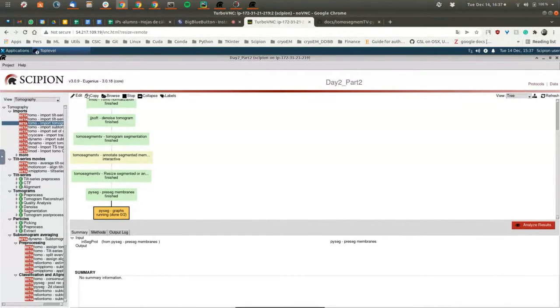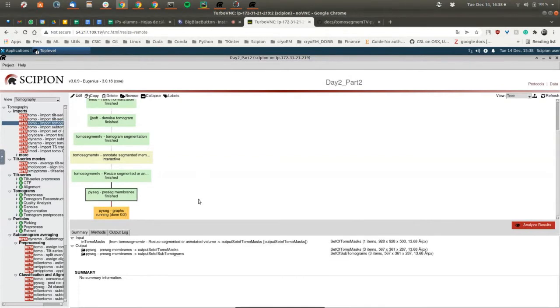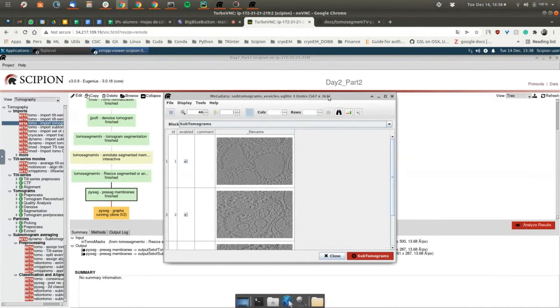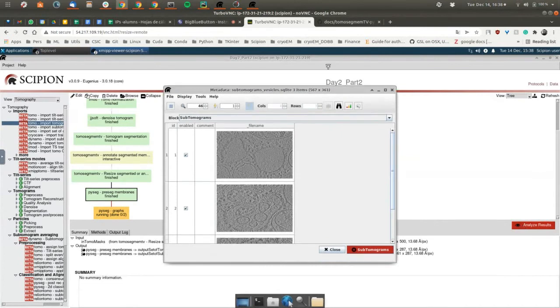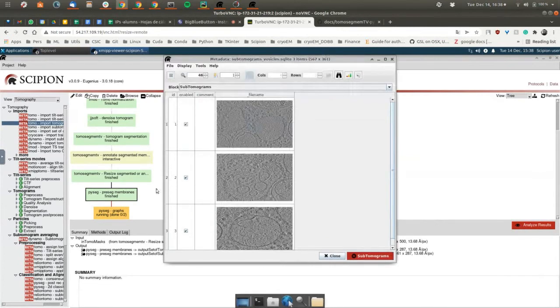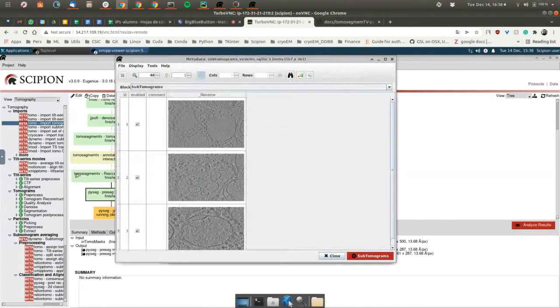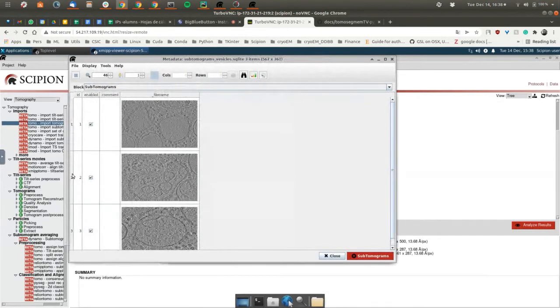Luca, okay, I can show again how it works. Let's go back to the Pyseg membrane. ImageJ is a very powerful tool which is also integrated in the XMIPP viewer. It can do a lot of things that I don't know how to do, but the image processing team works a lot with it and knows how to use it.